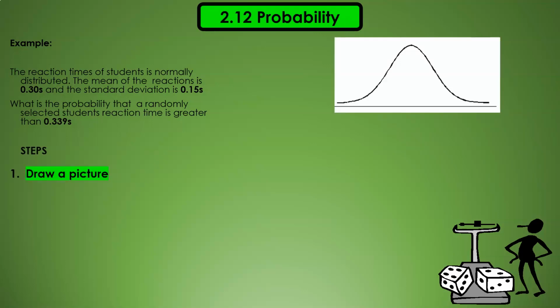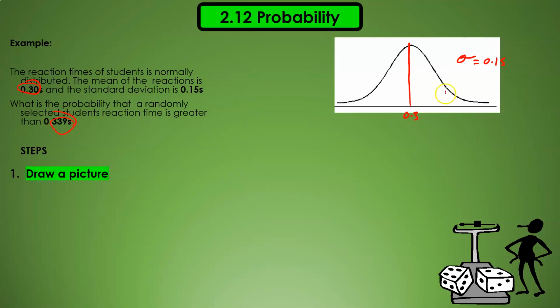Same steps as before. First thing, draw a picture. So get your bell curve up again. What do we know? We know, first of all, that the mean is 0.3. The next thing we know is that the standard deviation is equal to 0.15. What we are trying to work out is the area that's greater than 0.339.